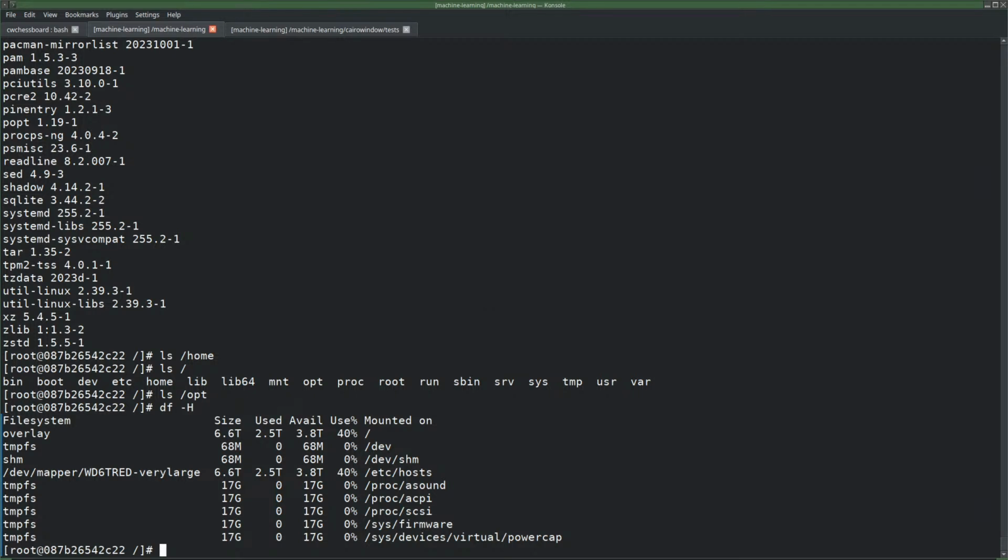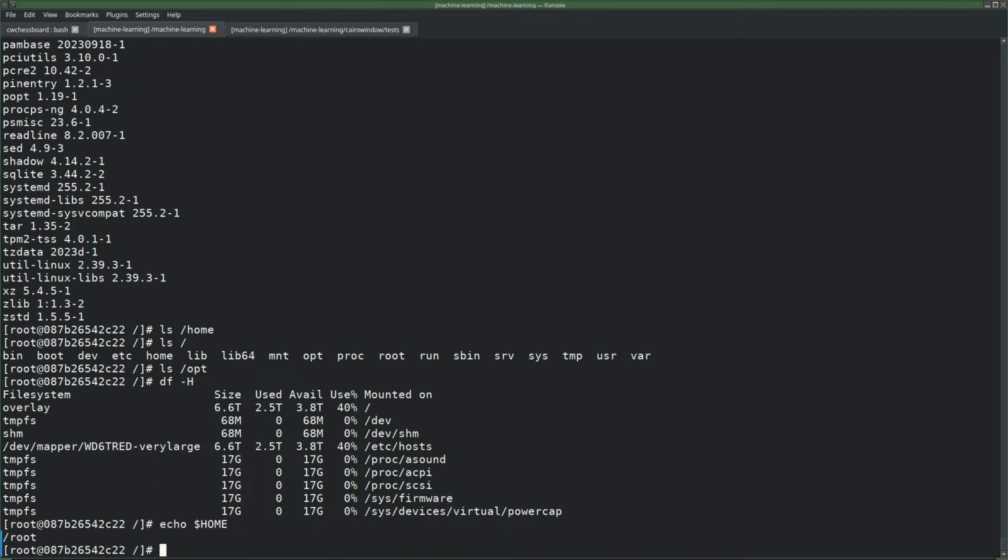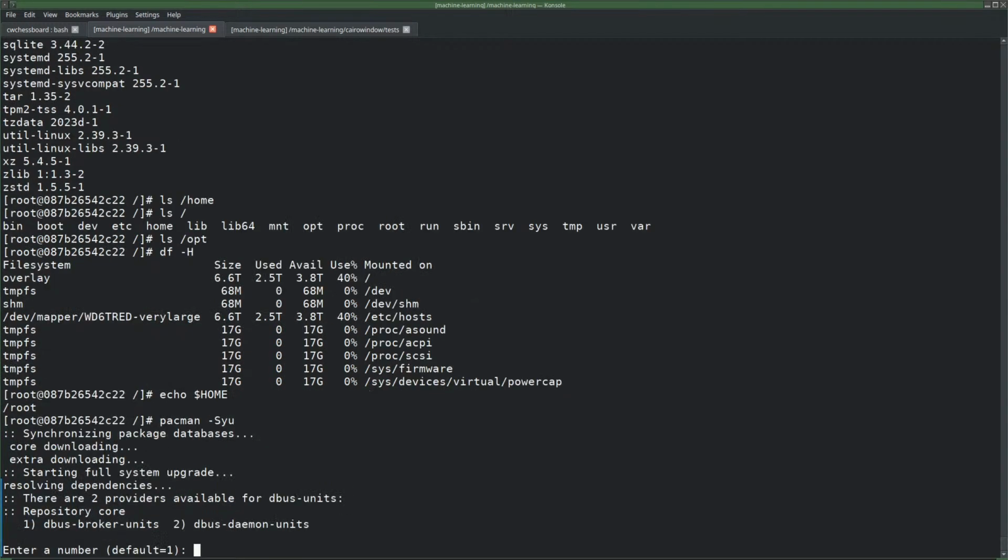You want me to do everything as root? Yes, I can do that for now. Okay, let's just do git, pacman -Syu indeed. Oh boy.